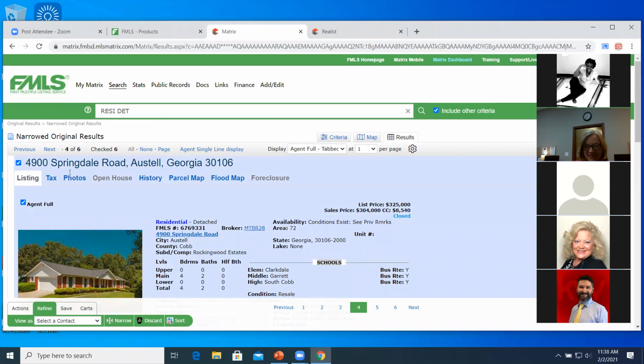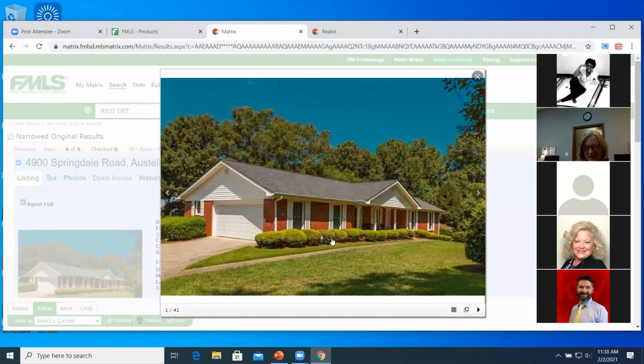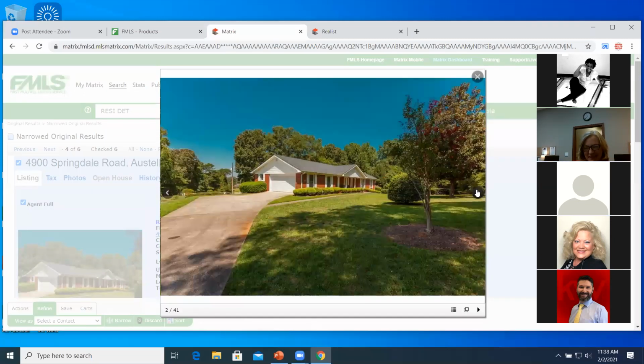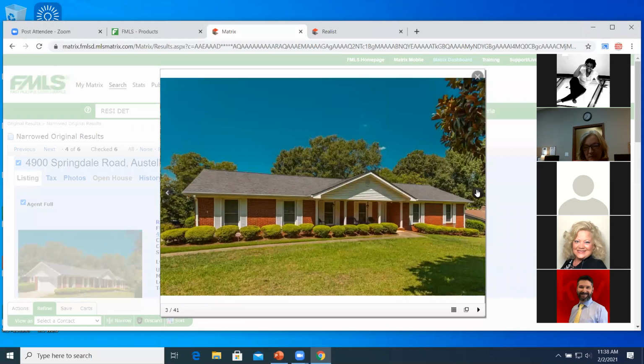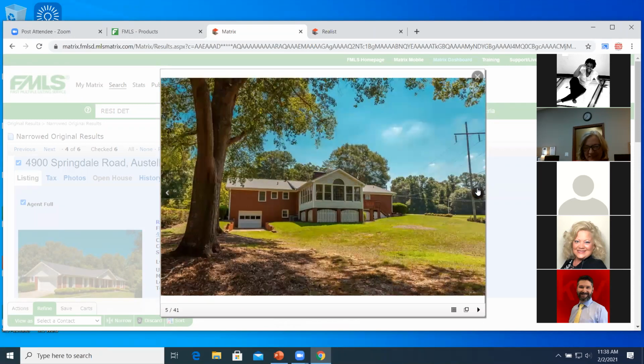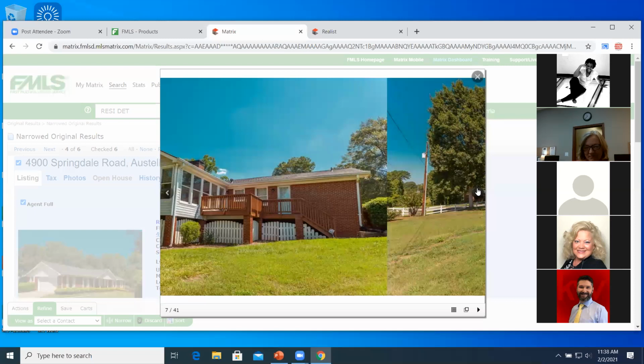Another brick ranch. Brick ranches are very popular with us older folk. We don't like steps. So they'll sell a lot of times very quickly to a specific market. Let's see what kind of updates we've got in this one, if any. It's nice curb appeal for a brick ranch. Got a screen porch.